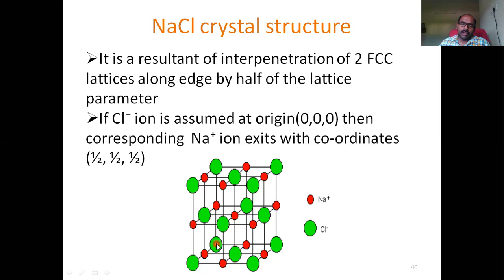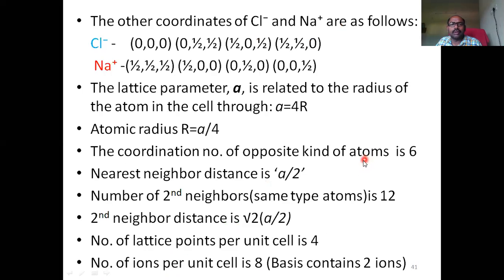So if it is the corner point 0, 0, 0, the corresponding Na plus is at this point, 1 by 2, 1 by 2, 1 by 2. And the other coordinates are given here.